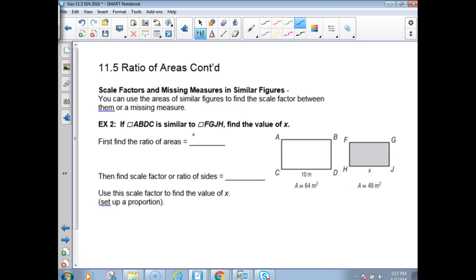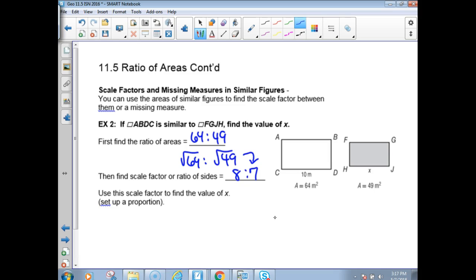So the ratio of the areas is 64 to 49. If you want to know the scale factor or ratio of the sides, you would have to go backwards. So we have to unsquare, which is taking the square root. And that would be 8 to 7.